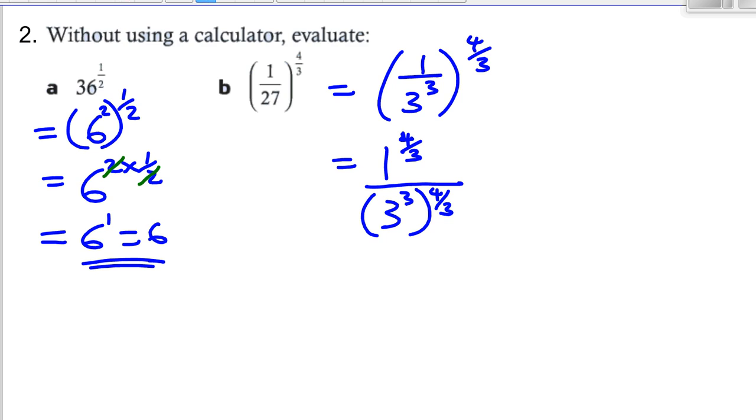We know that 1 to power anything is just 1. But now, in the denominator we have 3 to power 3 multiplied by 4 over 3. These will cancel. So what we remain with is just 1 over 3 to power 4, which is 1 over 81.